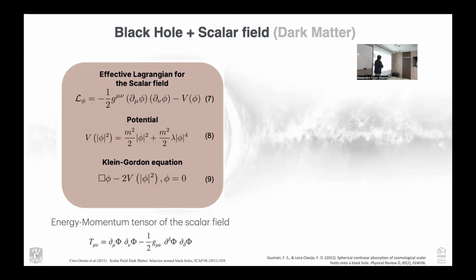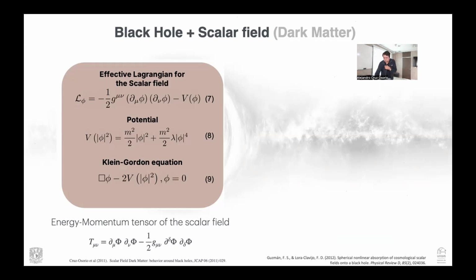So basically the connection to the space-time is that the d'Alembertian is defined in terms of the metric, okay? And then after doing the variation, we can write the energy-momentum tensor of the scalar field in this way, okay?